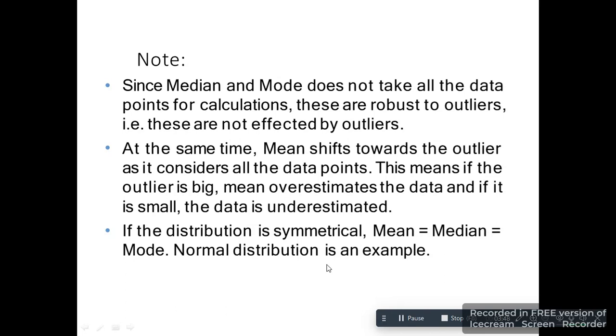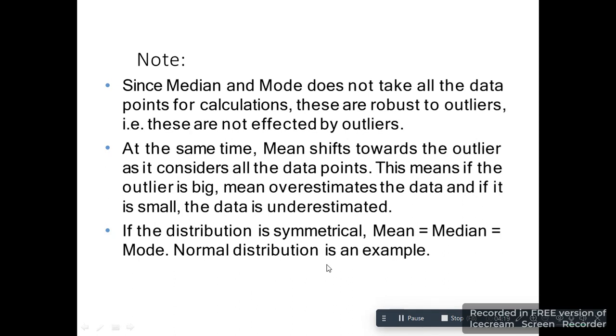In other words, we can say the median is the middle value in a data set when the numbers are presented in ascending or descending order, whereas the mode is the value that happens to appear most often in the data set, and the range is the difference between the highest and the lowest value in the data set.